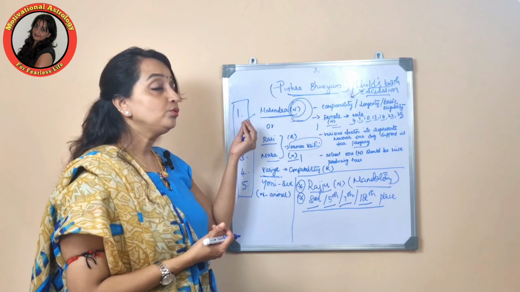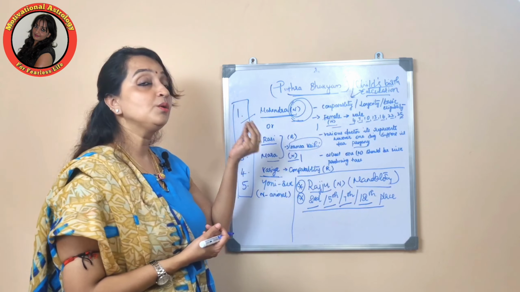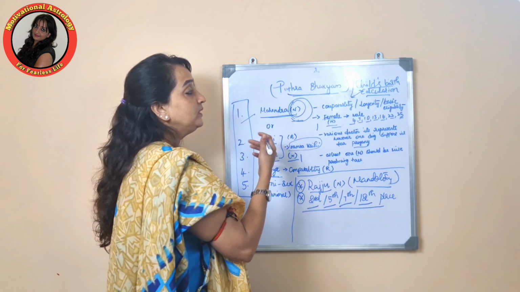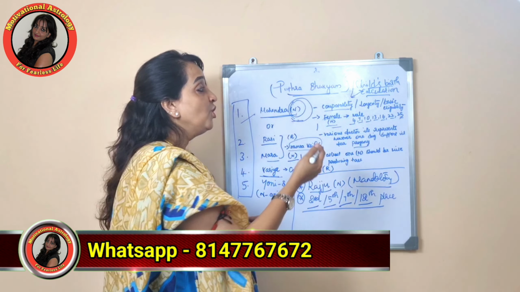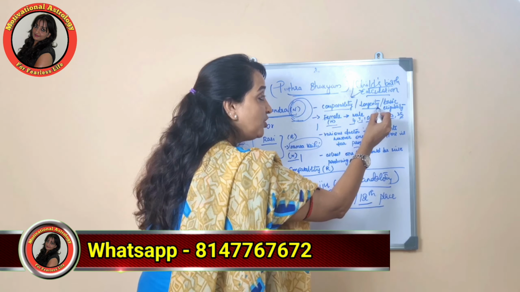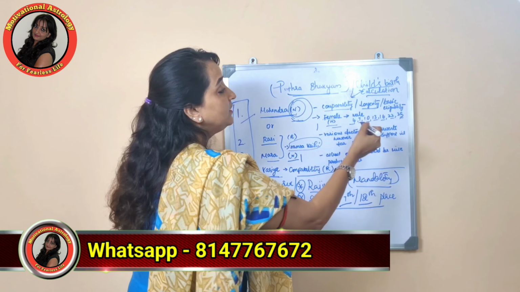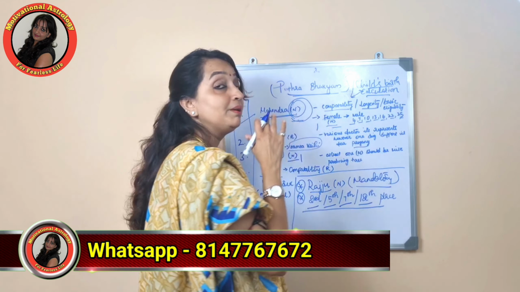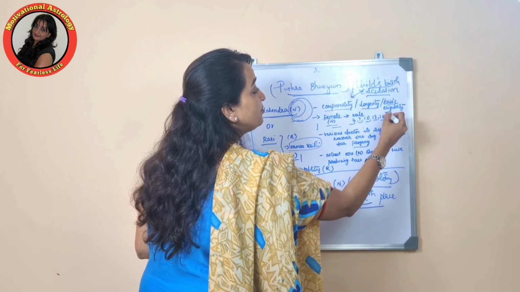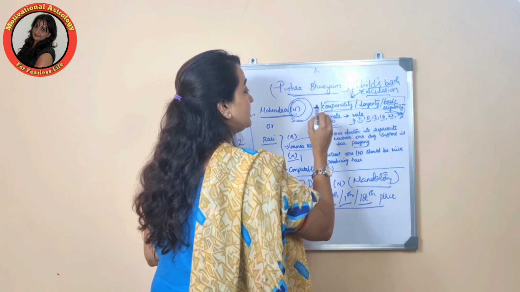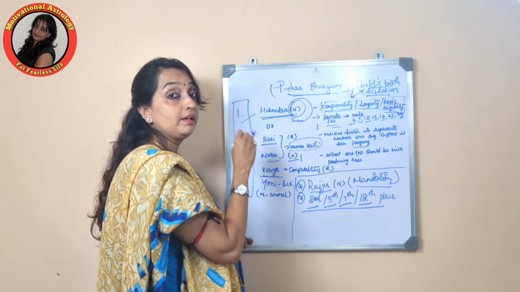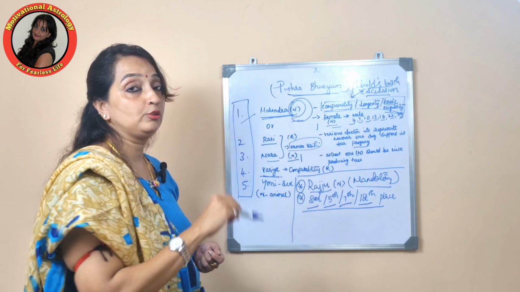And why do we do this Mahendra Porutham? It will tell us whether the male and female will have a compatible and lovable life, whether they will be able to live a long life, and whether they will have the basic eligibility to produce a child. So these are the 3 major factors that can be determined by the Mahendra Porutham calculation.